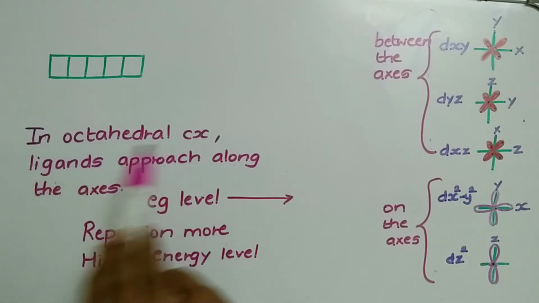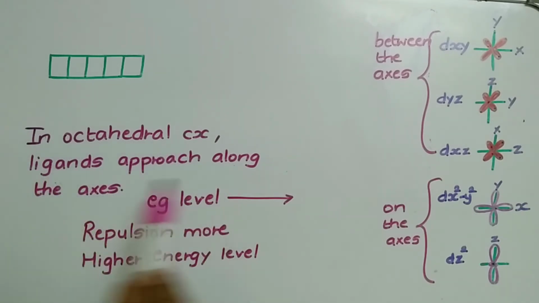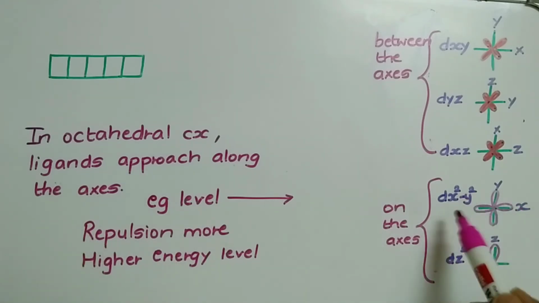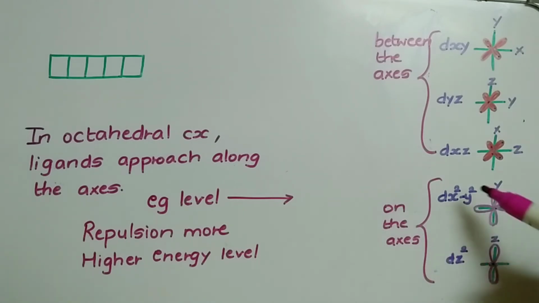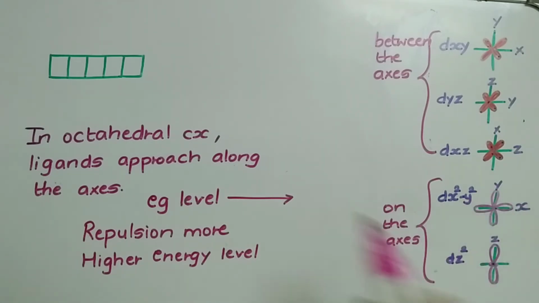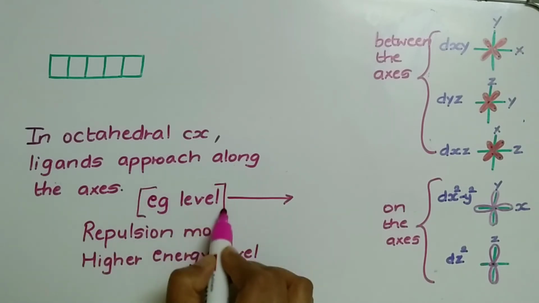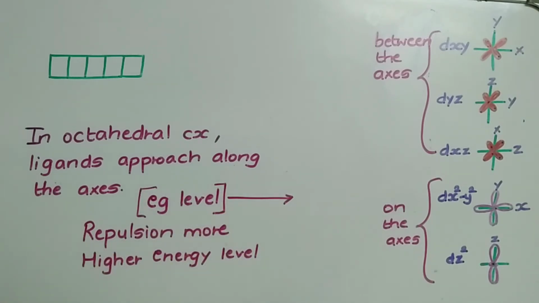In an octahedral complex, the ligands approach along the axis. We know along the axis which orbitals are present? dx square minus y square and dz square. These both orbitals together we call the Eg level, correct. In the Eg level, more repulsion will be there, and Eg goes to the higher energy level.